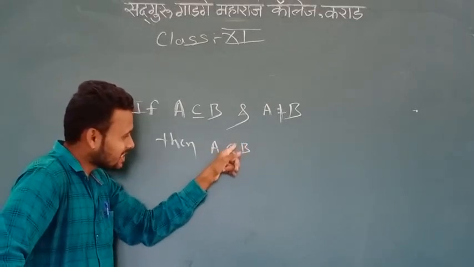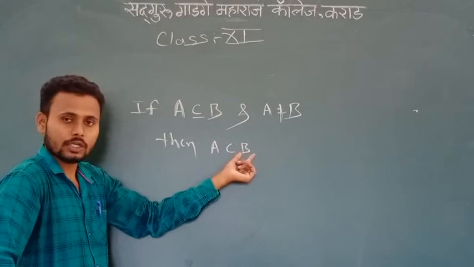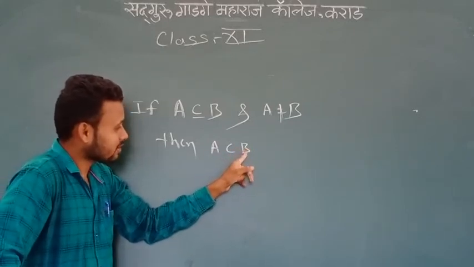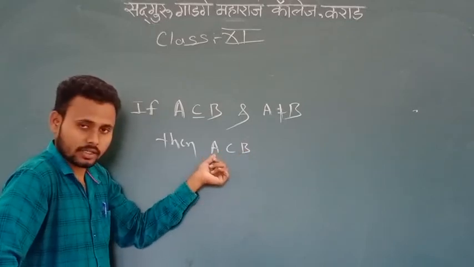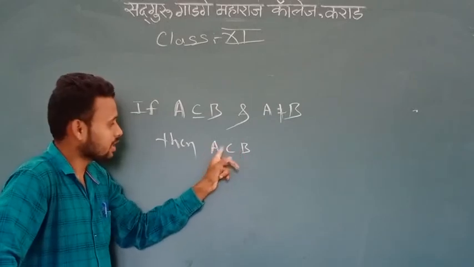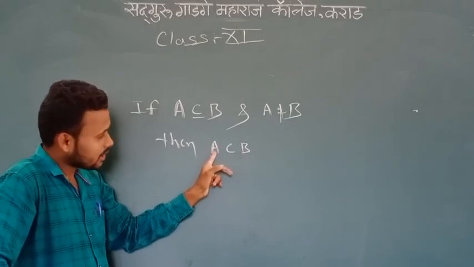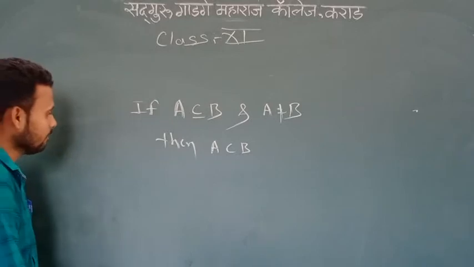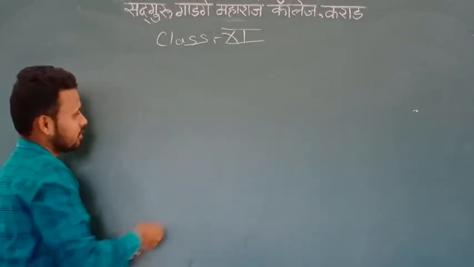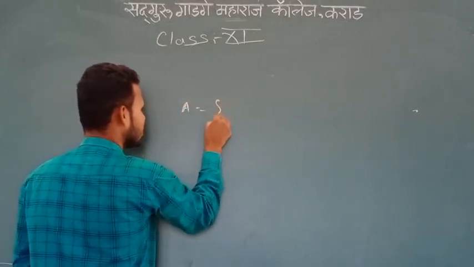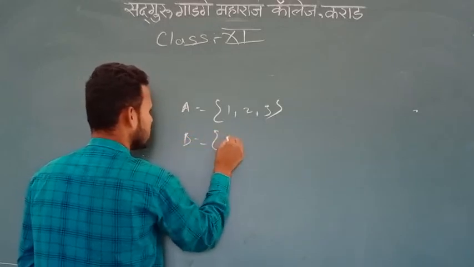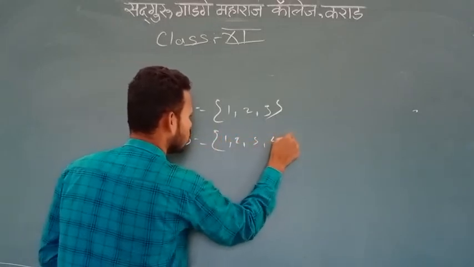There is at least one element in set B which is not in A. That means B must have at least one more element as compared to A, then we say A is a proper subset of B. For example, if I take the first example, A equal to the set containing 1, 2, 3, B equal to the set containing 1, 2, 3, 4, 5.